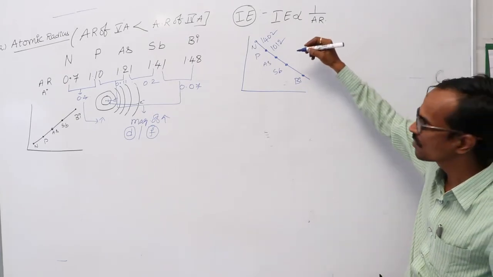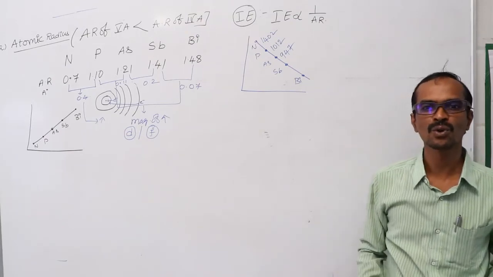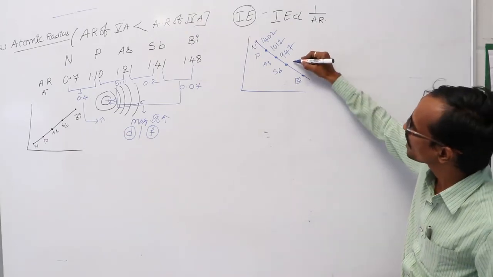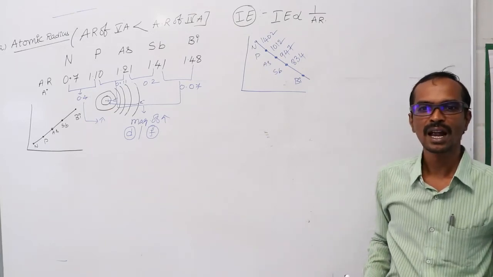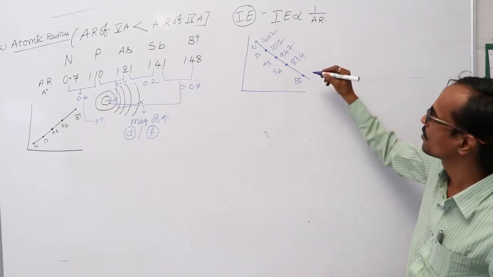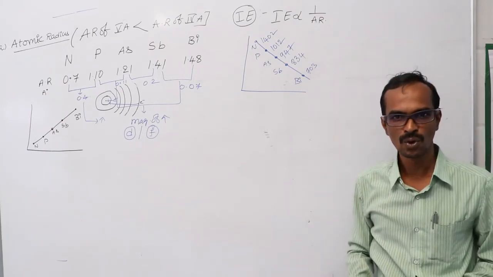Arsenic will be 947 kilojoules per mole. Antimony will be 834 kilojoules per mole. And the last one, bismuth, will be 703 kilojoules per mole.